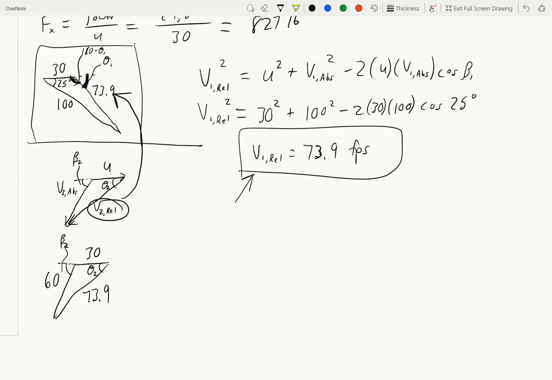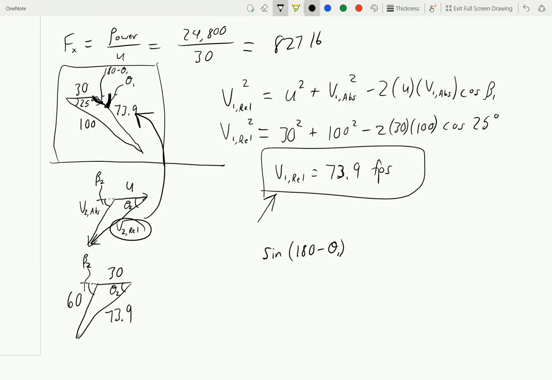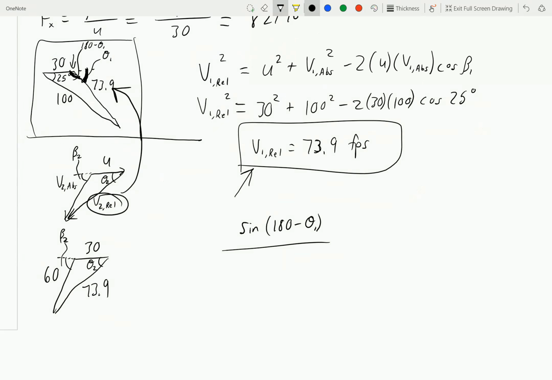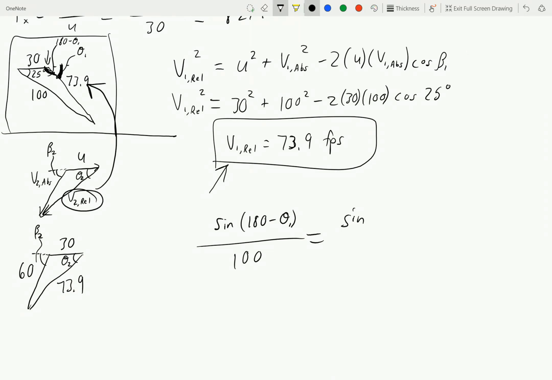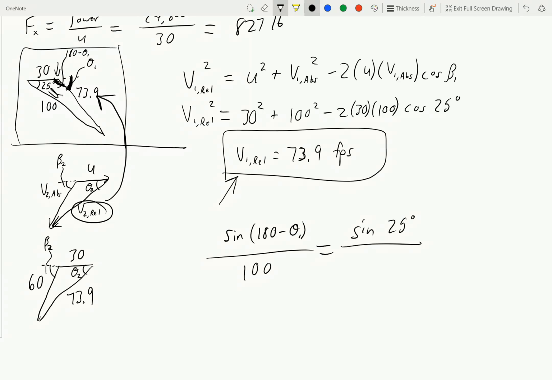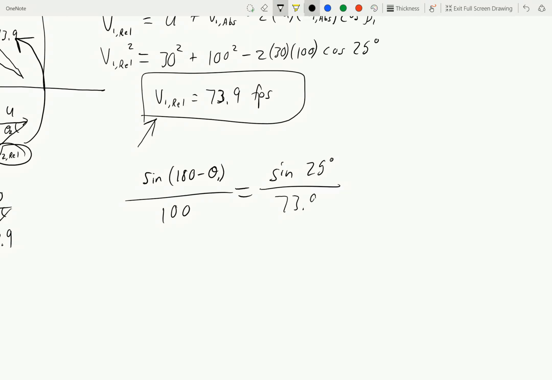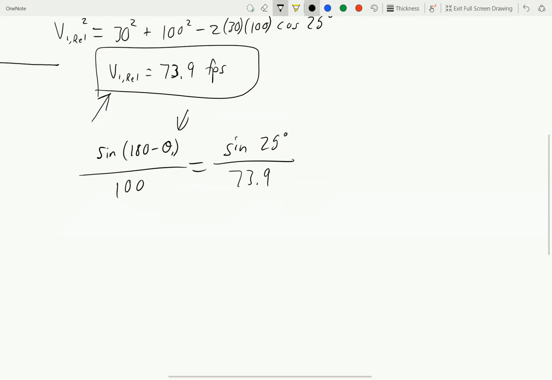So the law of sines says that the sine of 180 minus theta 1, which is this angle here, over the opposite side is equal to the sine of a known angle, which we're going to use the 25, which is right here, over 73.9, and we can solve for theta 1, which ends up being 34.9 degrees.